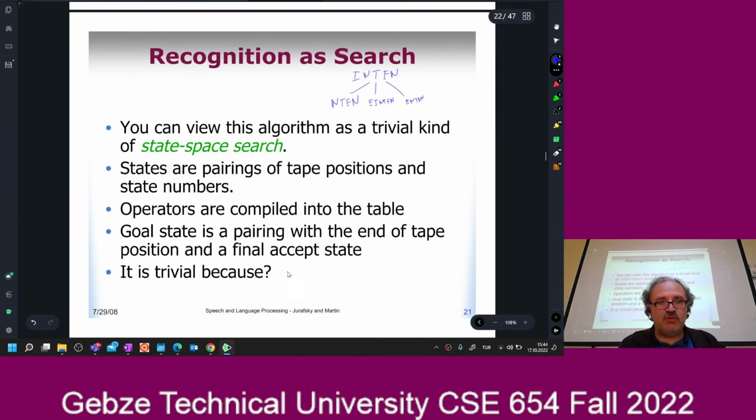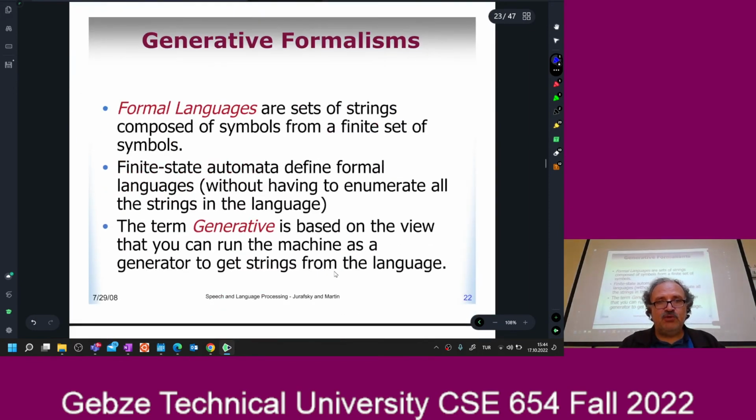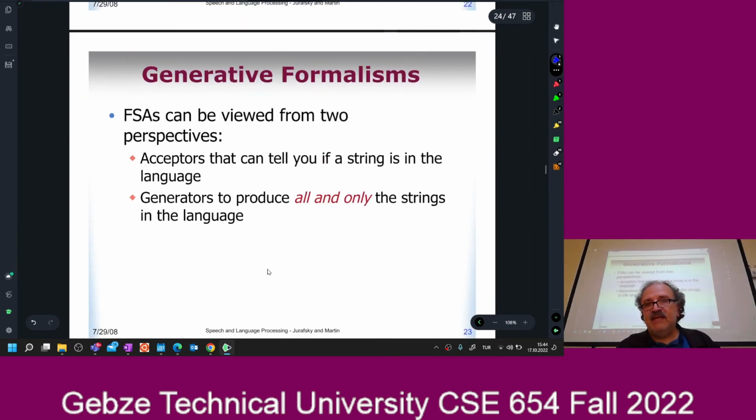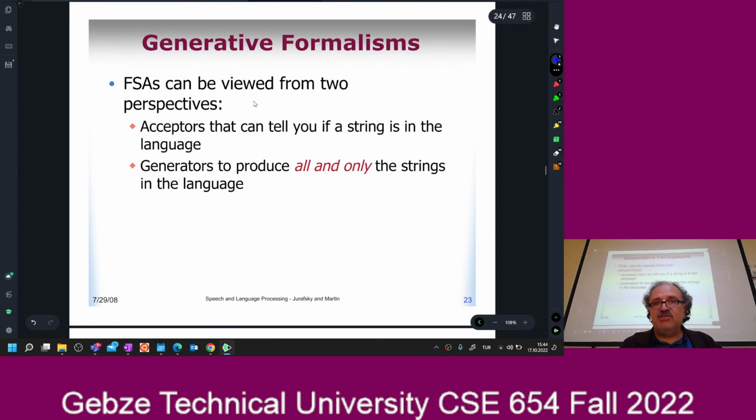State space search, we talked about it, and I showed you an example. And all the machines that we have so far can be used as generative formalisms. They can generate strings too. On top of the recognition task, they can be used to generate strings, and their generation property is nice.